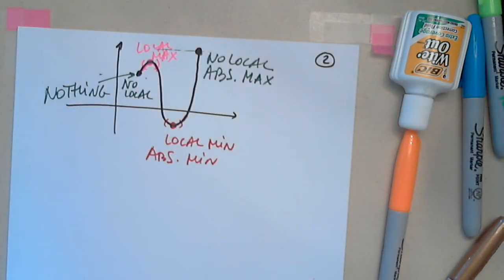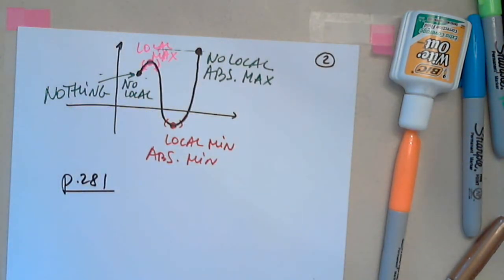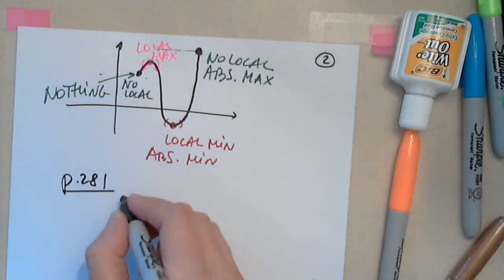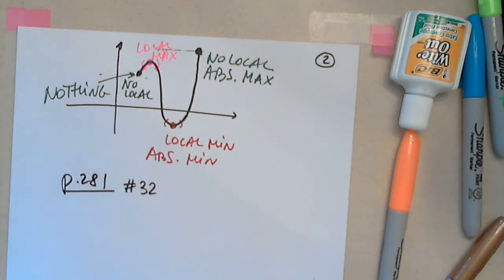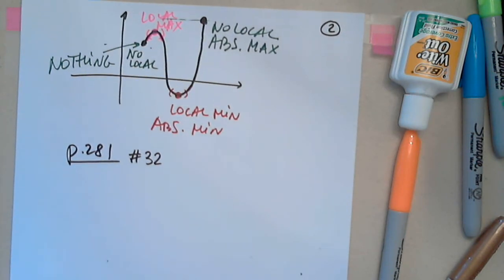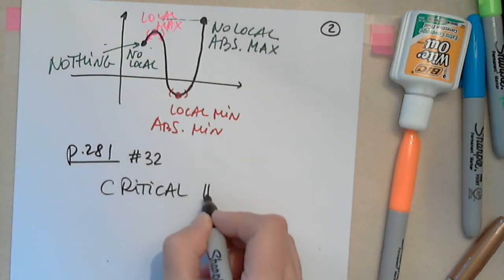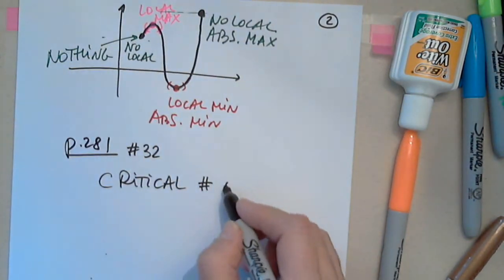I'm looking at page 281, and I would like to pick a problem from there, let's say 32. Before I even copy the problem, we're going to talk about what is called a critical number of a function.